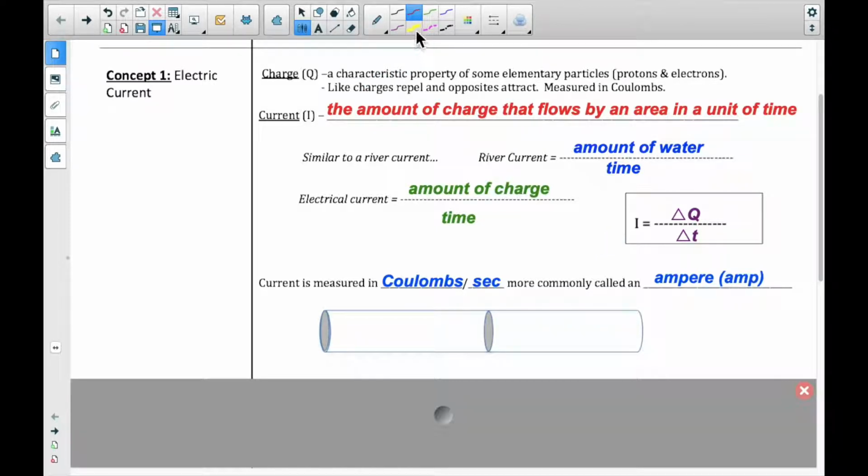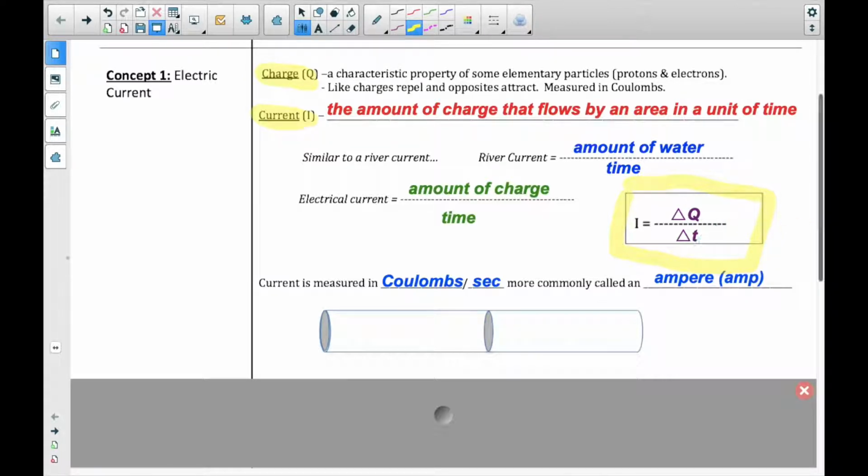Make sure you don't forget that I stands for current and Q stands for charge, because those letters aren't obvious. So with that, all of that information we can put together in a formula, which is that I, which stands for current, is the change in charge over the change in time.